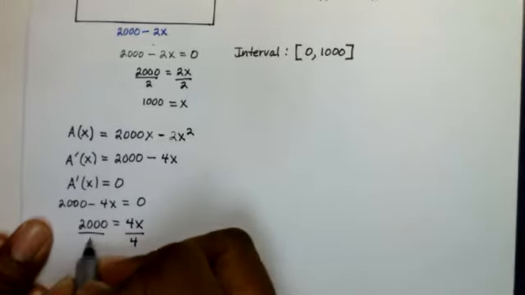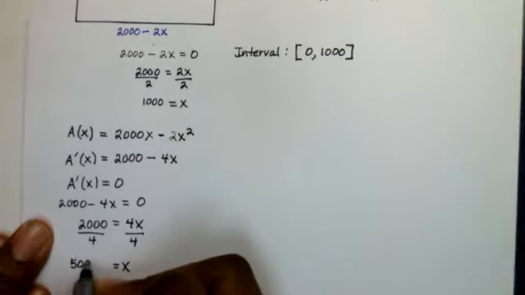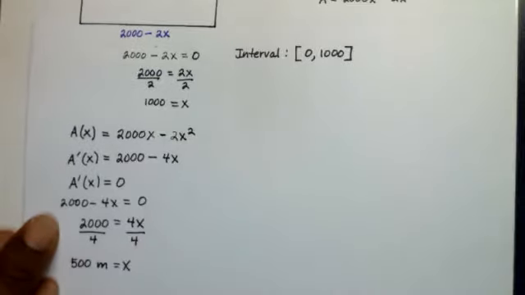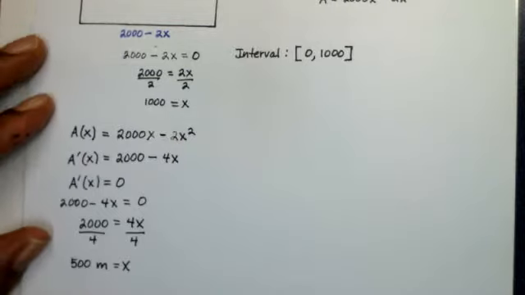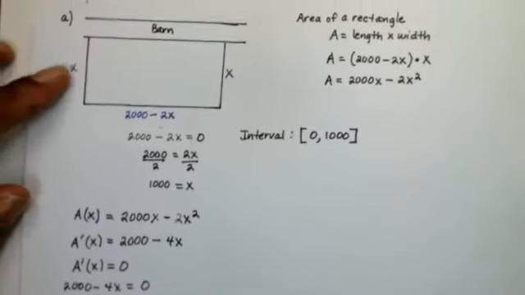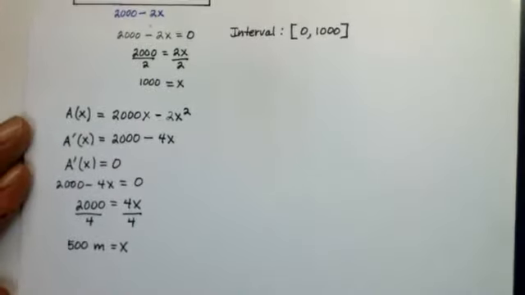Divide both sides by 4. X will be equal to 500. And this is in meters, by the way. So that means the x, the length of this side, both this side on the left and on the right, will be 500 meters.